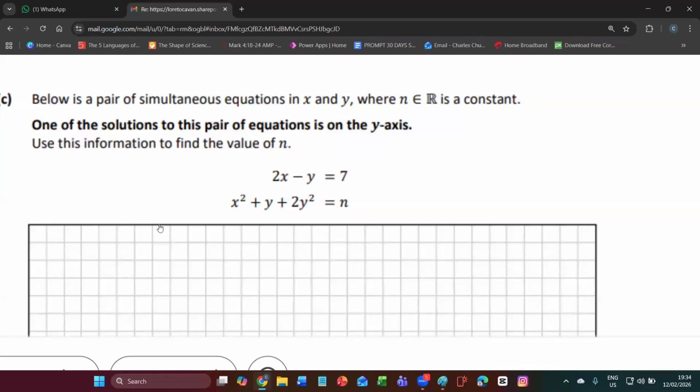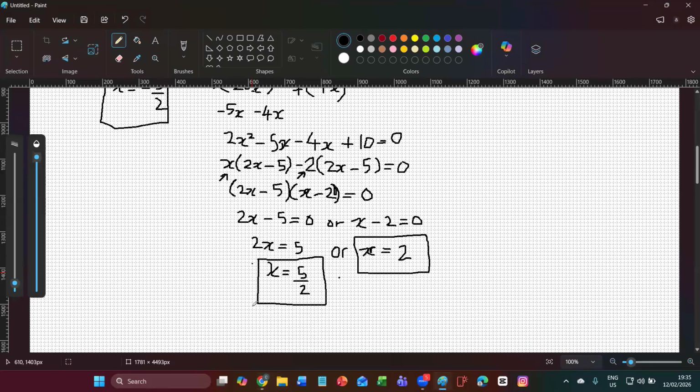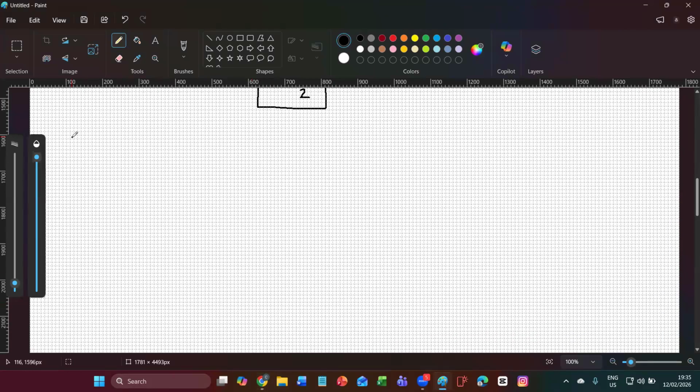Okay, if they say it's a simultaneous equation, then that means both of them are true at the same time. So I'm thinking what I might do is use the substitution method and start working my way through. Let me write down the two equations first.